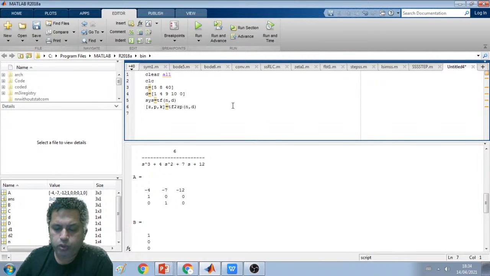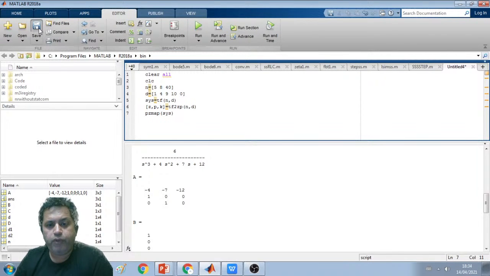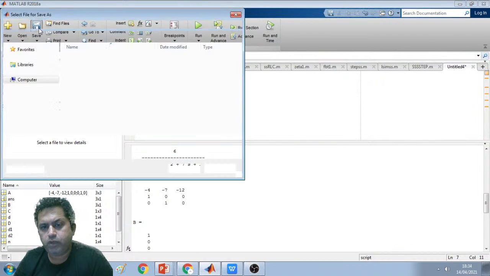Then you can also write down pzmap(sys). Okay, for the time we will see only this much of a program.